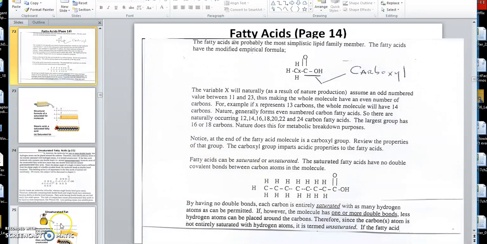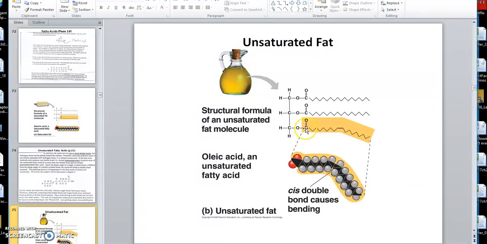Now, the unsaturated ones, like this here, in the cooking industry, they'd like to make some unsaturated ones saturated for cooking purposes, taking it from oil to more of a solid. So that's where the hydrogenation process came in foods. Hydrogenation, adding hydrogens.